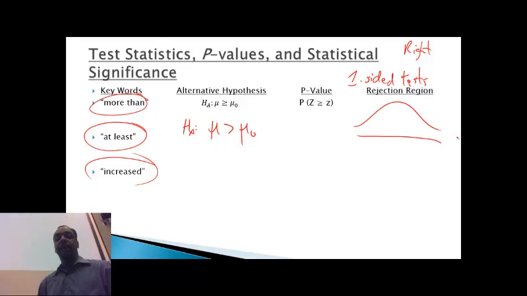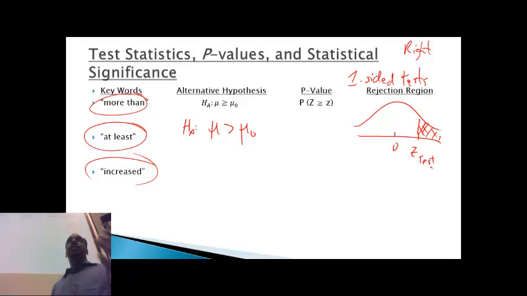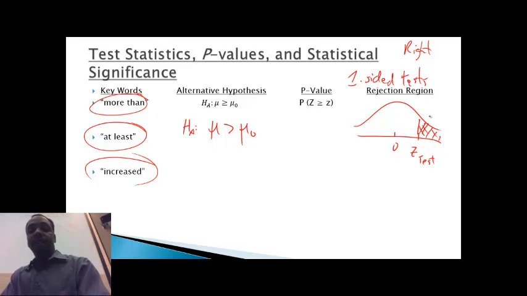So as you might have suspected, we will look at arbitrarily large values of z from our test statistic, and I'll call it z test statistic, if you will, as a subscript. That's fine. And so anything out in this region here would give us reason to support the alternative hypothesis.